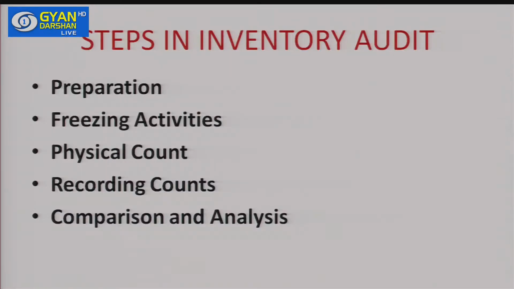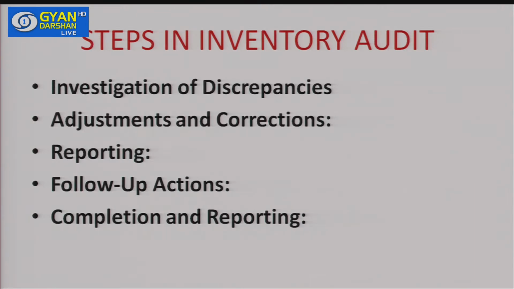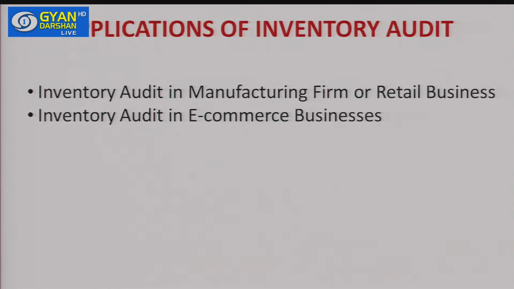So what are the steps? The steps are similar: preparation, freezing activity, physical count, recording, comparison and analysis, then investigation of discrepancies, adjustment and corrections, reporting, then follow-up actions, and then completion and restarting the activities.